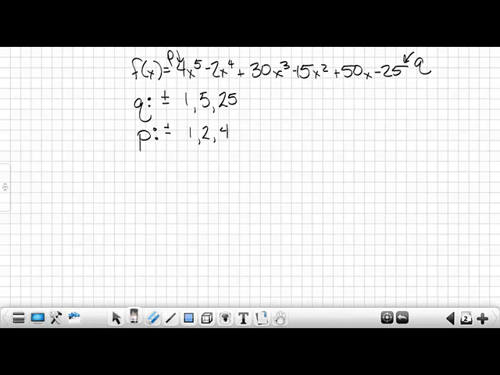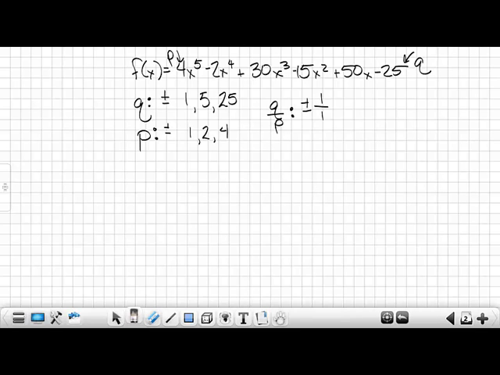So my possible rational roots are every single combination of Q divided by P. Just go in order and you won't miss any. So my Q over P, go with your first Q. My first Q is 1. My first P is 1, so these are all plus or minus, 1 over 1.